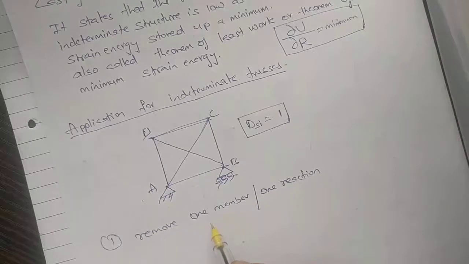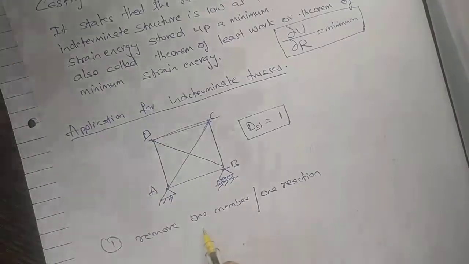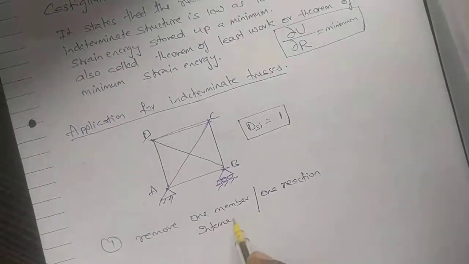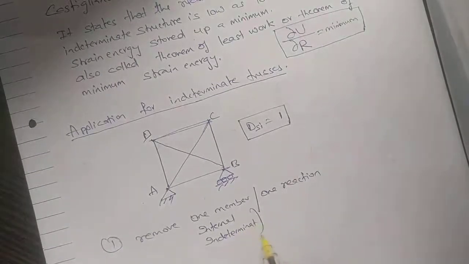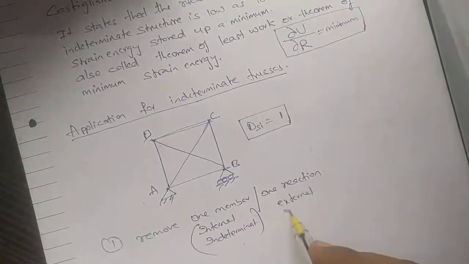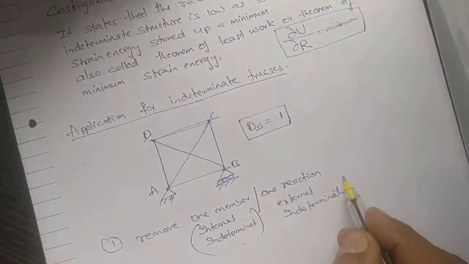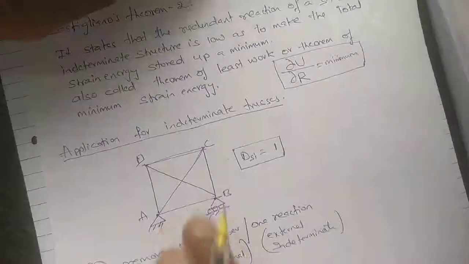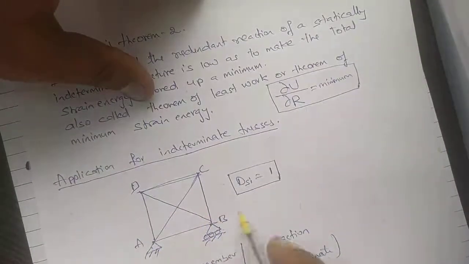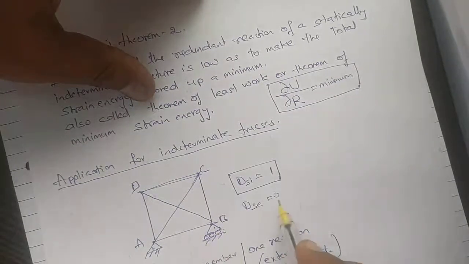One member when statically indeterminate for internal. One reaction when external indeterminate. Now here your external indeterminacy DSE is equal to 0 because 2 plus 1 is 3 minus 3 is equal to 0.